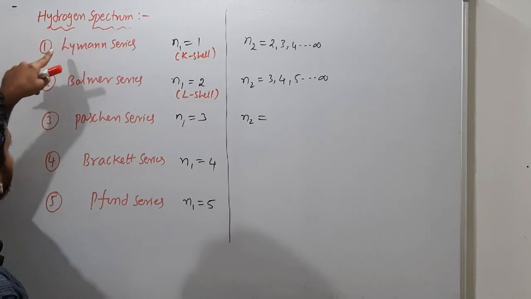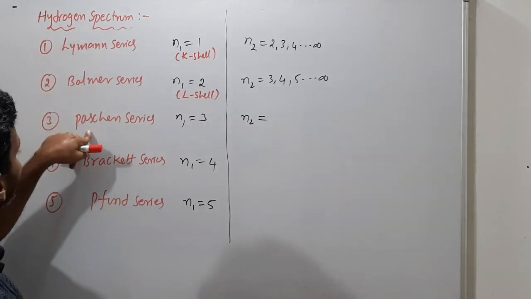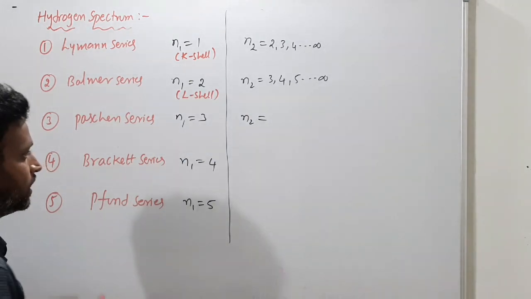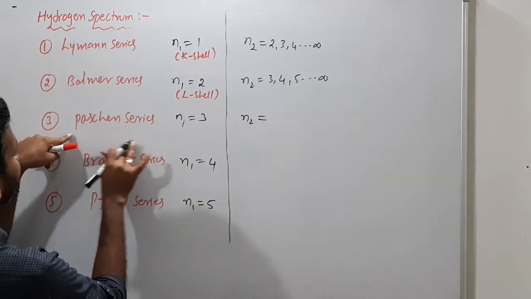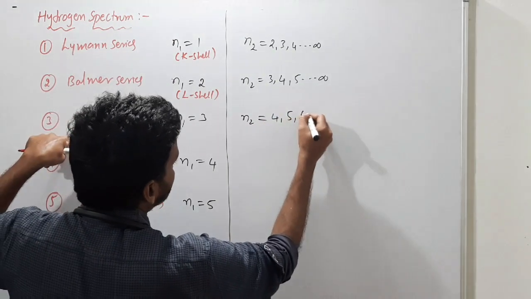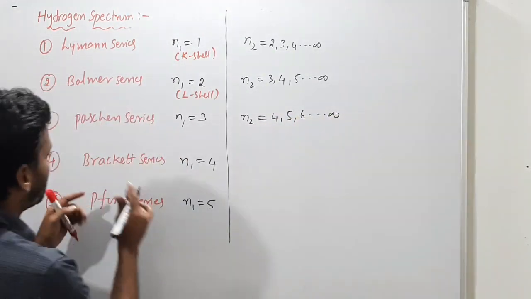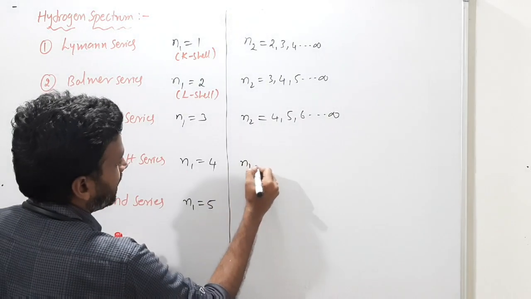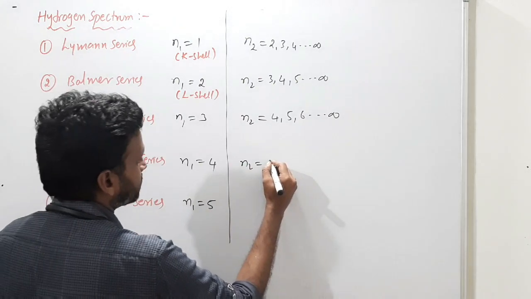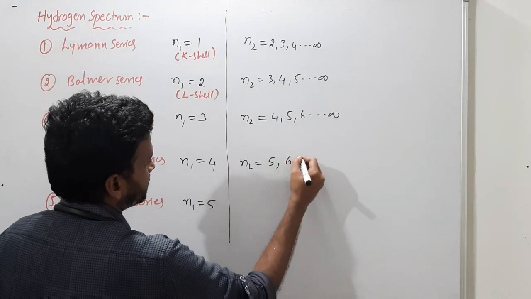Lyman, Balmer, Paschen, Brackett, Pfund. What is the n2 value for the Paschen series? It is 4, 5, 6 and so on up to infinity. Brackett was observed as the electron jumps from a higher level to the fourth level, so n2 is 5, 6, 7.